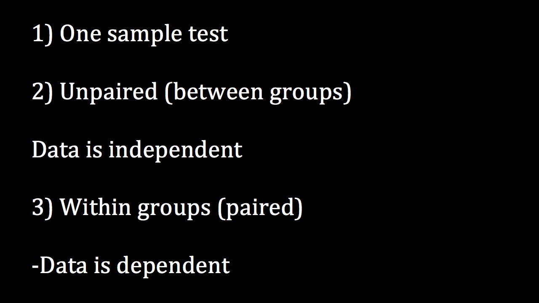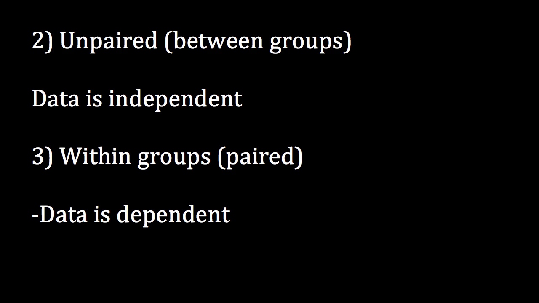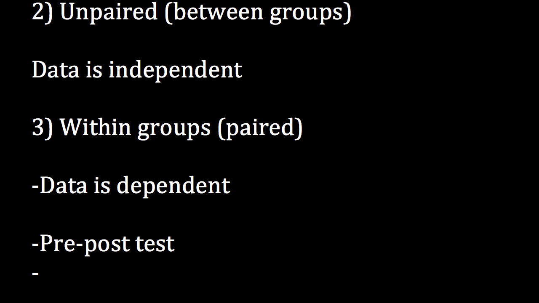In both groups, the same patient is being studied, so you see that the group data is dependent on one another. Another example, so the first example is the pre-post test. And the second example is the crossover study.